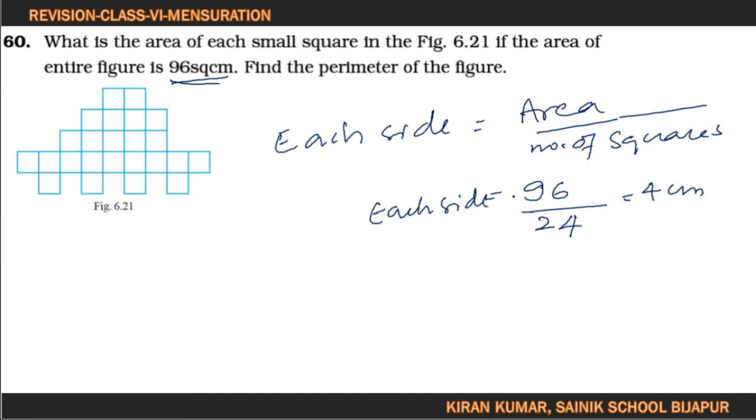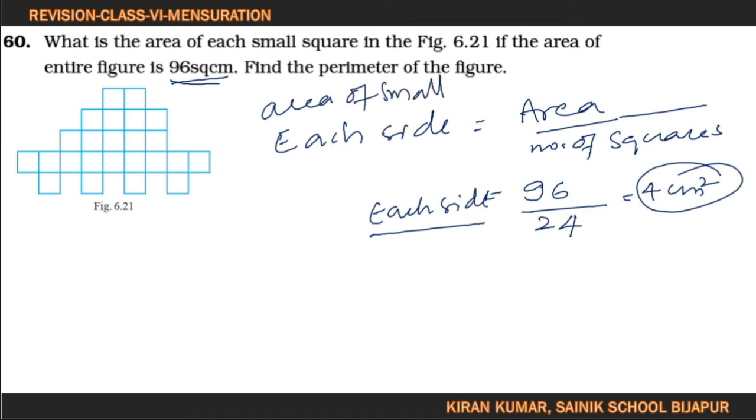So for the small square we get 4 centimeter square.